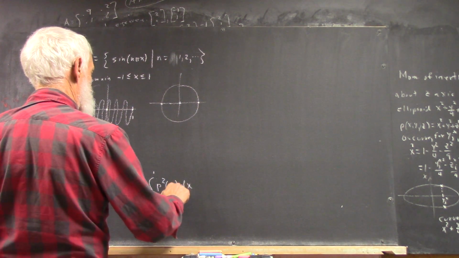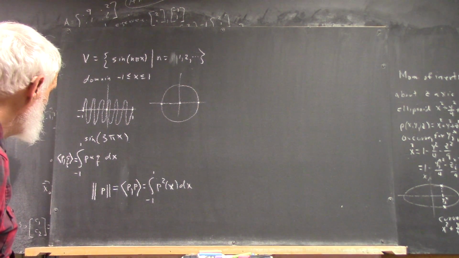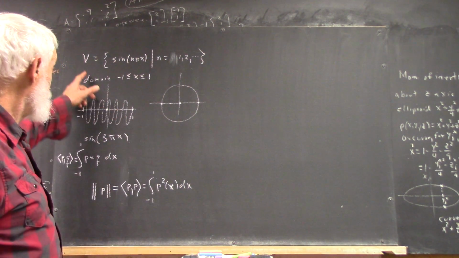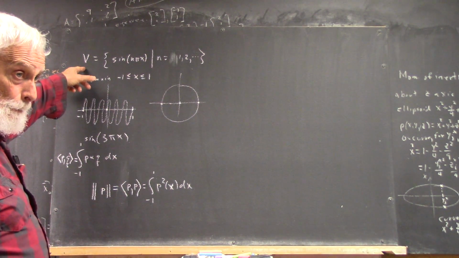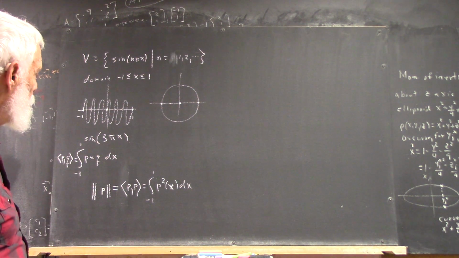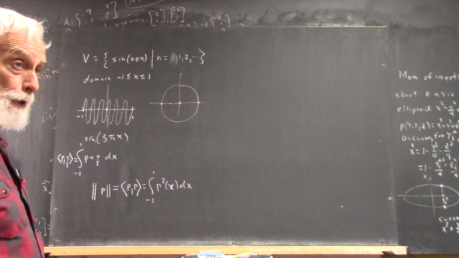It's the integral of P squared. Okay? You don't know how to integrate sine squared, so you don't know how to get the magnitude of this thing. Okay? So I'm just going to tell you one more thing about it, then I'll ask you to do a couple of things with it, okay?